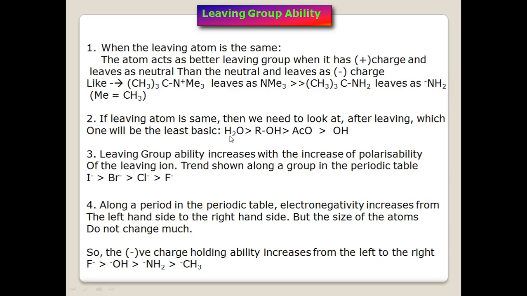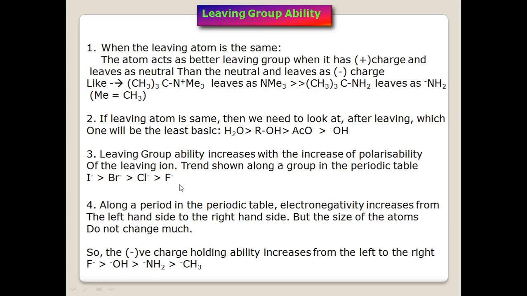Okay, you cannot compare H2O with NH3, because the central atom is different. But again, there also you can bring the basicity term, we'll see later. So here H2O is the least basic, then ROH, which is again less basic than acetate, and acetate is less basic than hydroxyl ion.